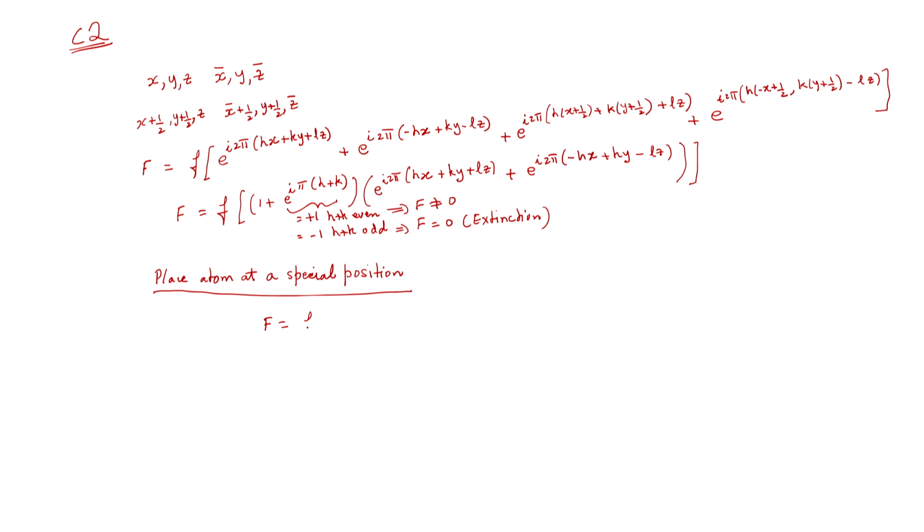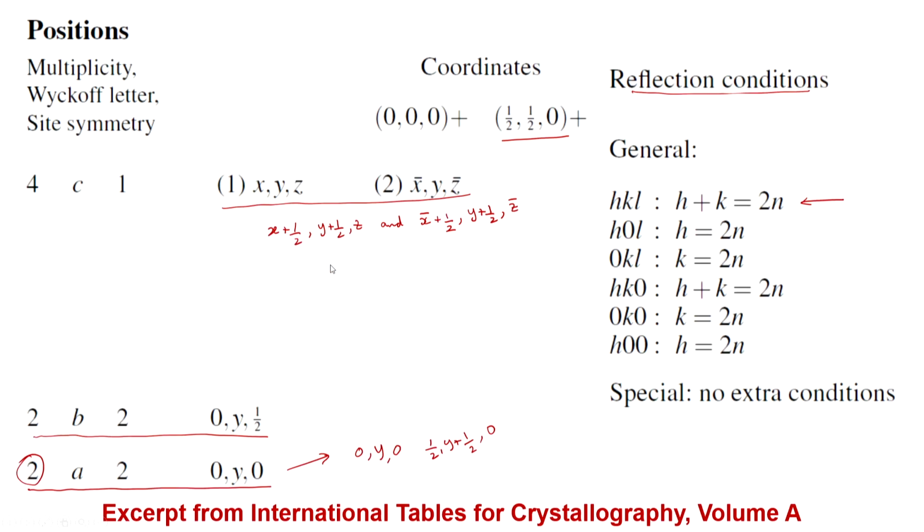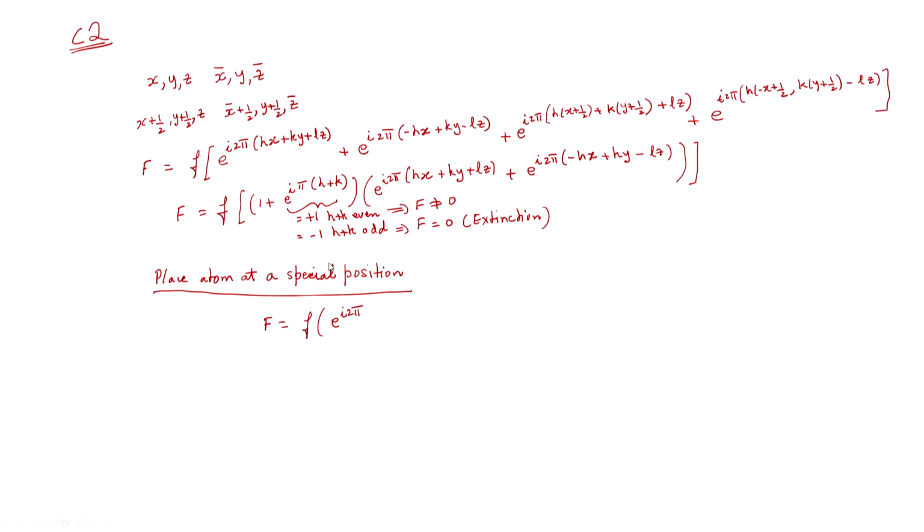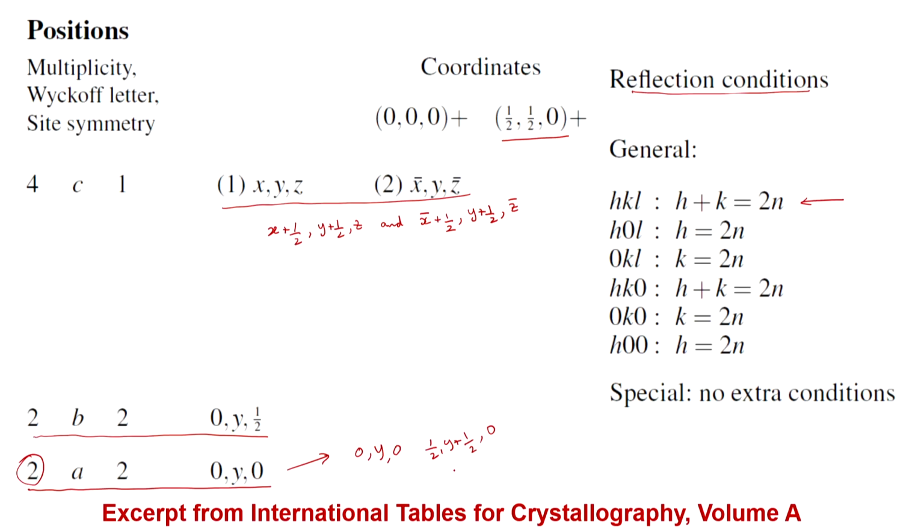again, I am only going to write for one atom. e to power i 2 pi, and if I just go back a bit, it is 0 y 0. So, I can write it as e to power i 2 pi k y, plus the second one would be half, y plus half, 0.